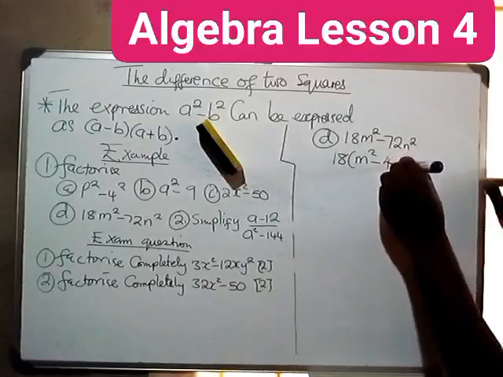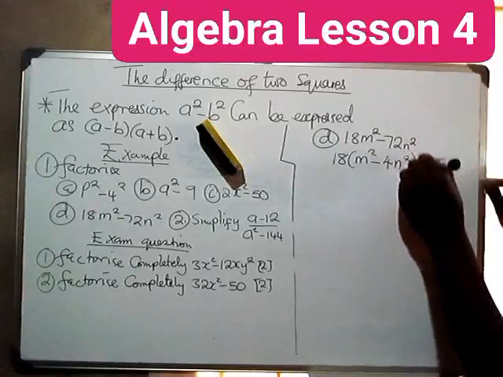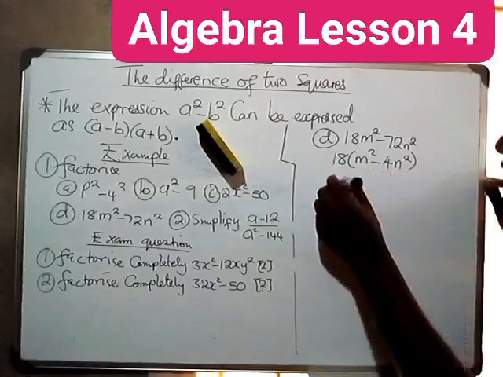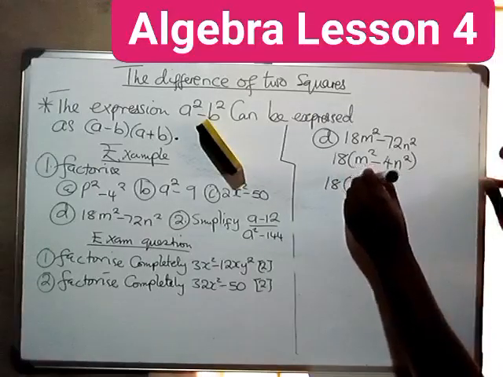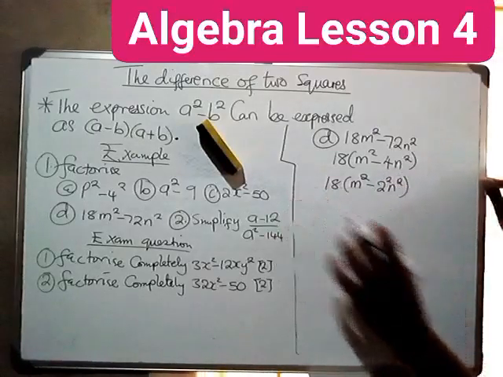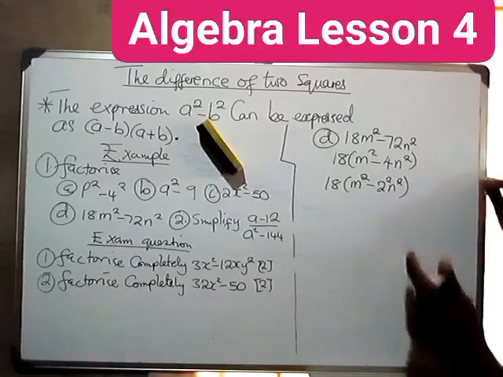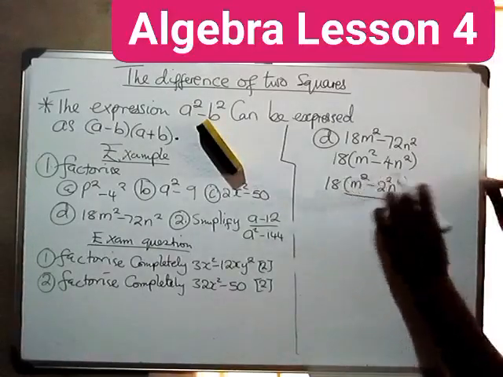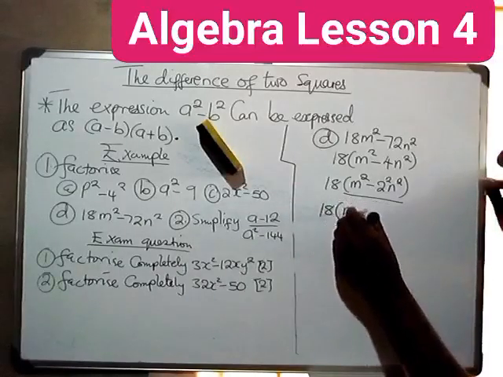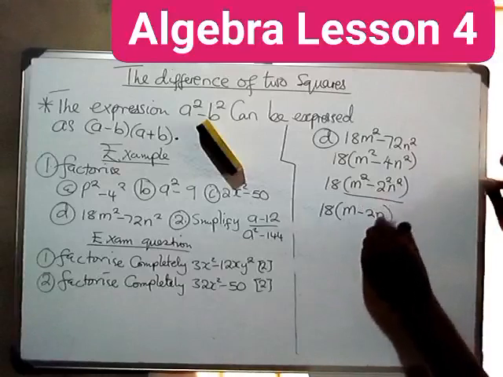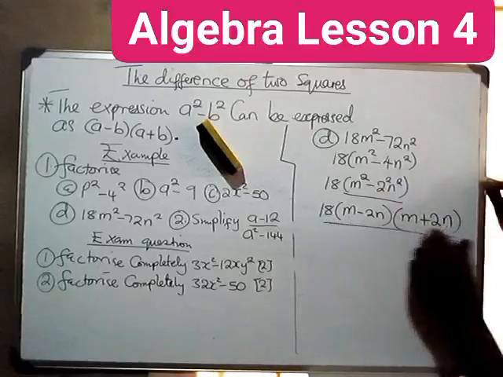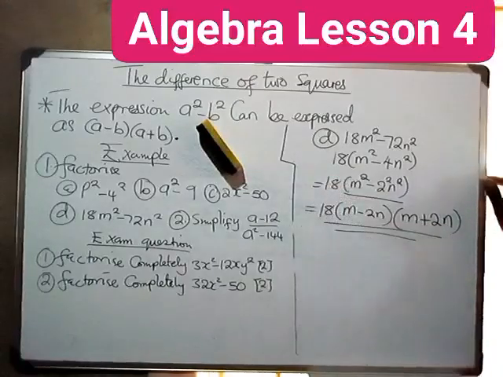It goes 4 times. Then this 4 can also be written as 2 squared, so n squared becomes 2n all squared. Now we have the difference of two squares. So our final answer will be 18 times m minus 2n, then m plus 2n. This marks the end of this question.